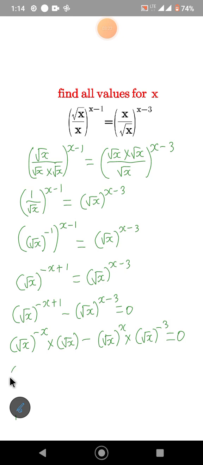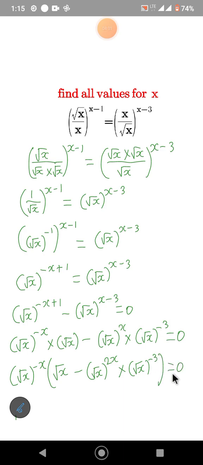So we say root x raised to the power minus x, open bracket, here will be root x, then minus, now this divided by this, we are going to get root x raised to the power of 2x times root x raised to the power minus 3, then close our big bracket equal to 0.